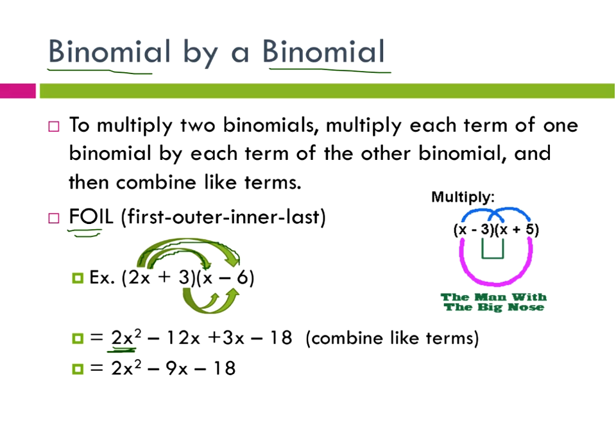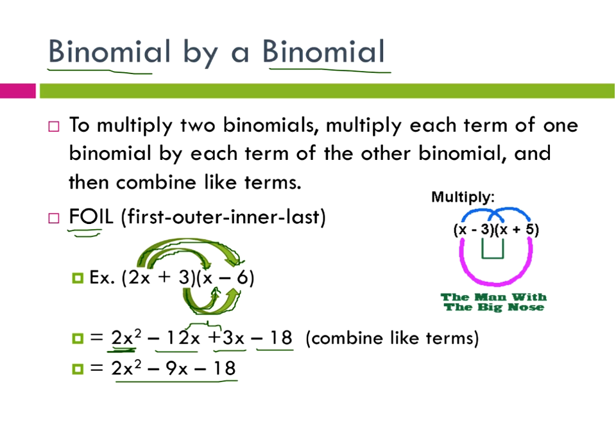My outer terms, 2x times a negative 6, leaving me with negative 12x. Inner terms would be 3 times x. And the last terms, 3 times the negative 6 is negative 18. Then we need to combine our like terms, which are these middle two. And this leaves us with 2x squared minus 9x minus 18.